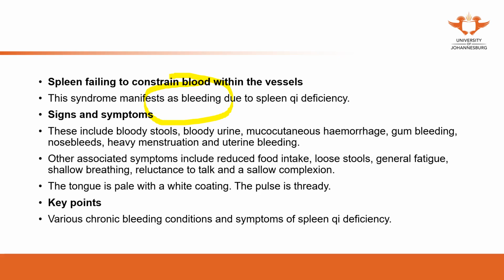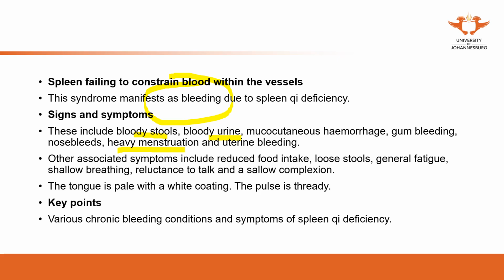For the upper part of the body, the bleeding mainly refers to excess fire, such as liver fire and stomach heat. The bleeding below the waist, such as bleeding in the urine, in the stool, menstruation, mostly comes from the spleen failing to constrain the blood.